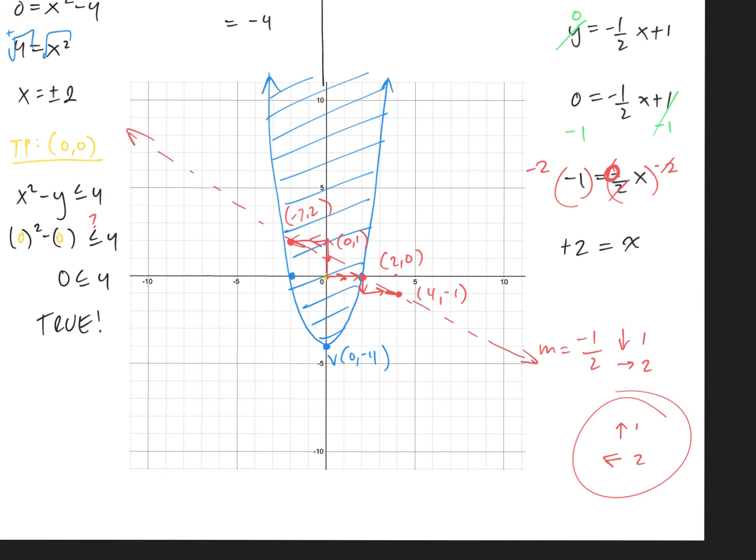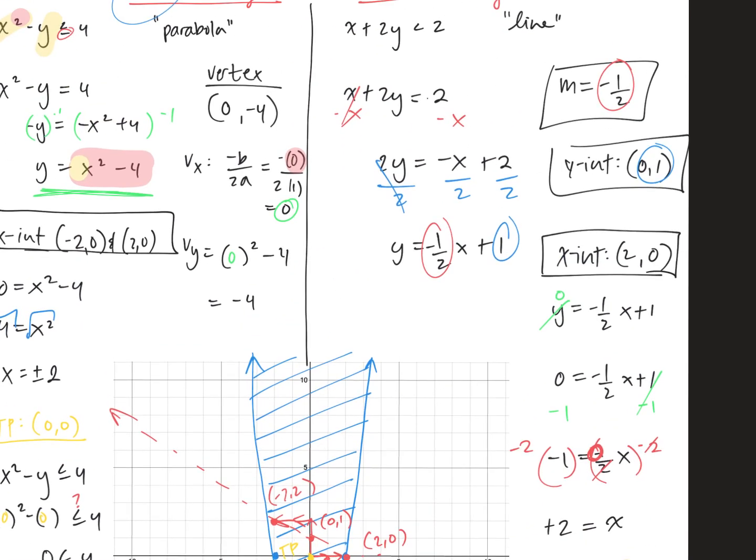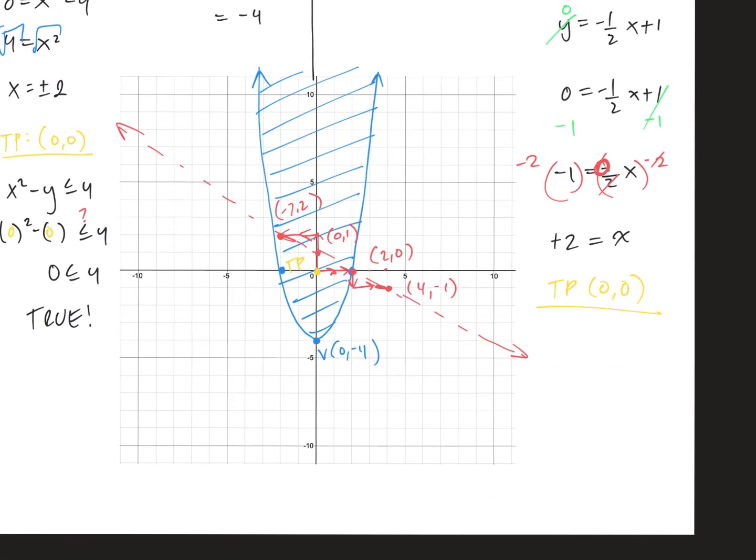Okay, so let me go ahead and erase that scratch work. Are we done? We're super close. We have to just figure out where to shade for the line. So I'm going to go ahead and use the test point of 0, 0 still, because my line is not touching that. And what is the equation? My equation is x plus 2y is less than 2.